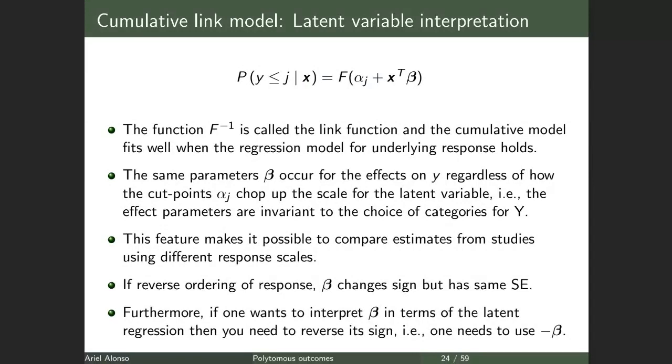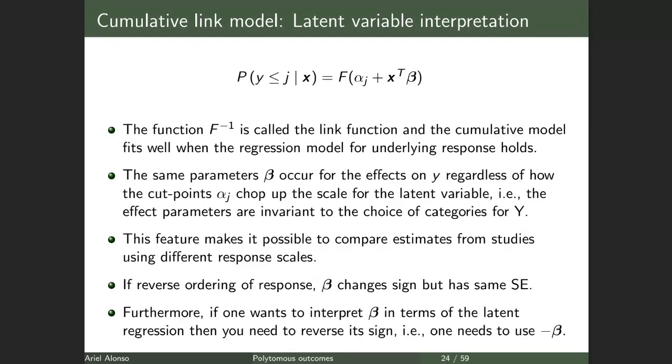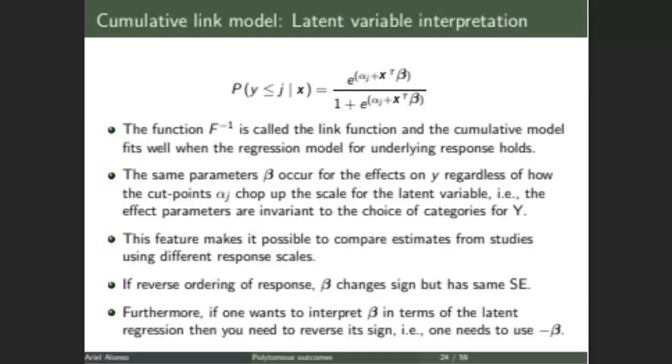So if you assume this latent model, then you can get very naturally the cumulative link model. And you can use any cumulative distribution F basically to construct your model. Now, if you assume that the residuals over here follow a logistic distribution, then the cumulative distribution will be the sigmoid function, and obviously your cumulative link model will become the cumulative logit model.